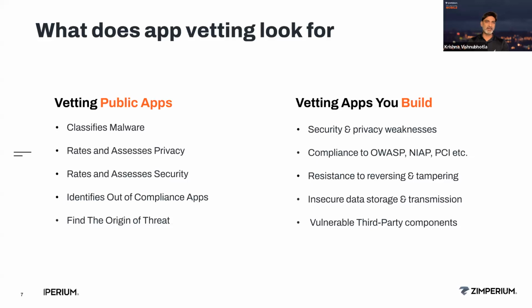On the left-hand side, the enterprise is saying, all these apps are on my employees' devices, am I comfortable giving them access? On the right-hand side, we have the entire mobile app team saying, we are building apps, we need to vet them before we put them out on the stores. Different audiences, but apps impacting the enterprise, both equally important.